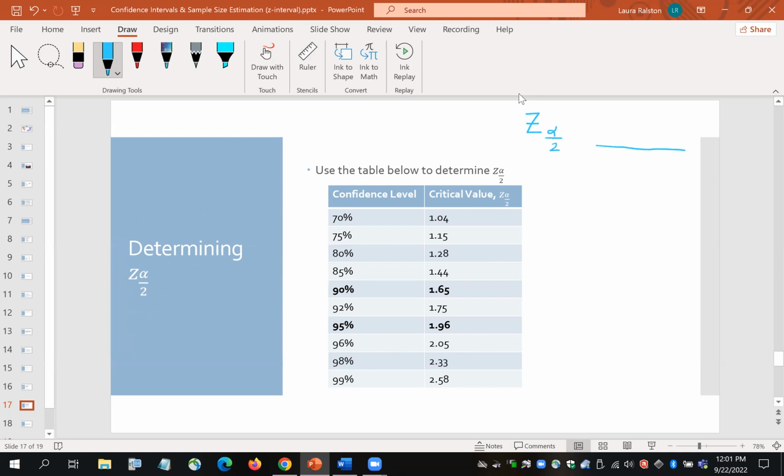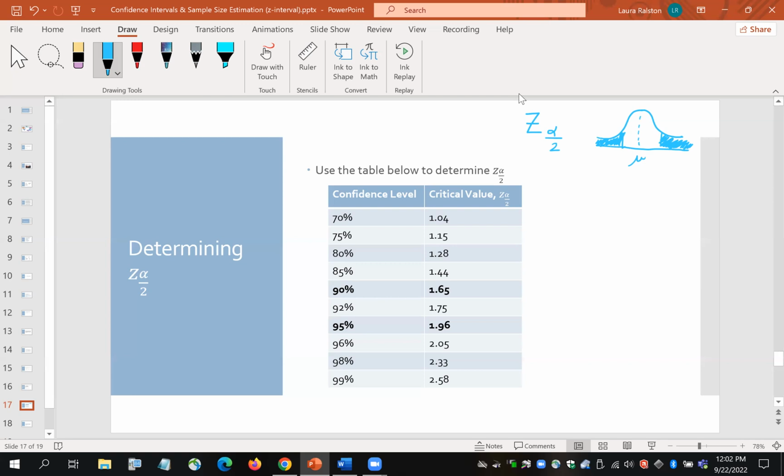That goes back to our normal distribution, where we have those regions in either tail, and the probability of failure is divided between those two regions. That's why it says alpha divided by 2. It's just a notation. Don't get caught up.